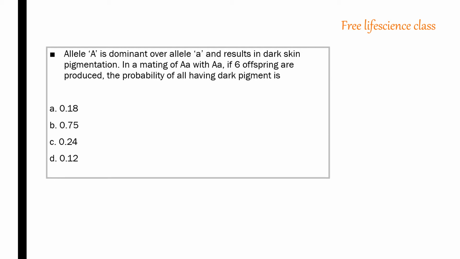Yes, time up. So the answer for this question is option A. I want to explain this question. It is given that A is dominant. A cross between capital A small a and capital A small a will produce three types of genotype: capital A capital A, then capital A small a, which will be 2, and small a small a.